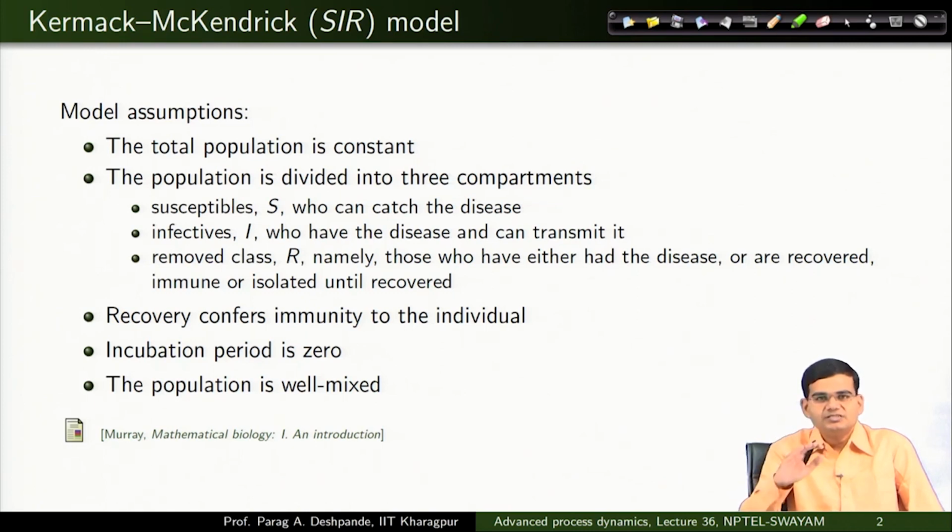So, susceptibles become infected, infected become removed from the population altogether. The removed population can no more become susceptible again. Well, in certain diseases it is possible, in certain diseases this does not hold true. So, for diseases for which this statement holds true, that recovery confers immunity to the individual, our analysis will hold true.